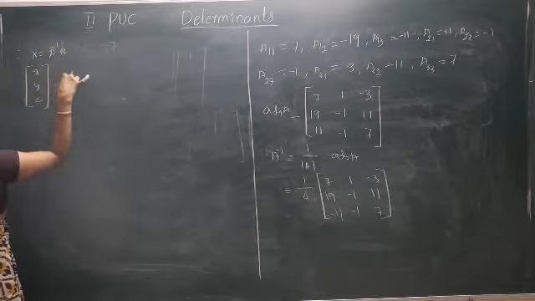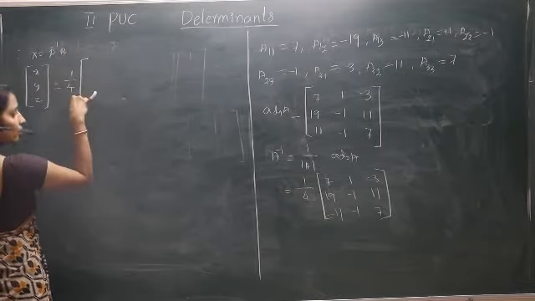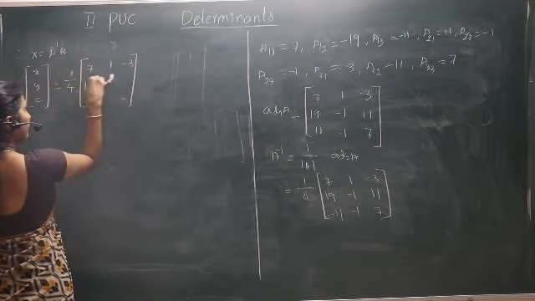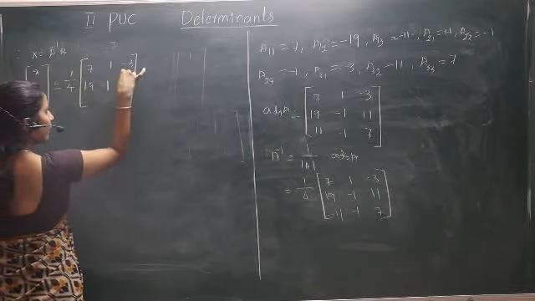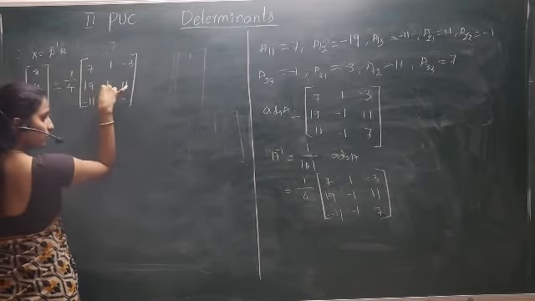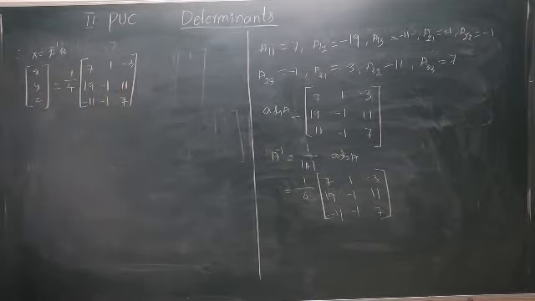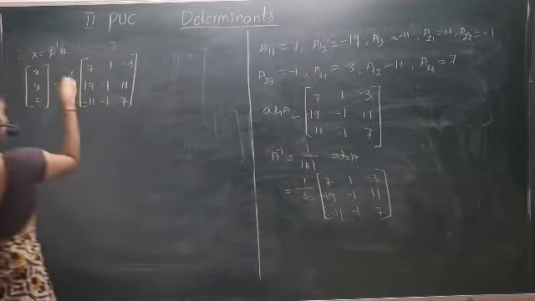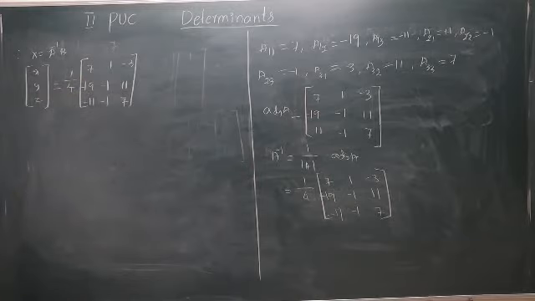A inverse is 1 by 4 into 7, 1, minus 3, minus 19, minus 1, 11, minus 11, minus 1, 7, into B. B is what? 7, minus 5, 12.